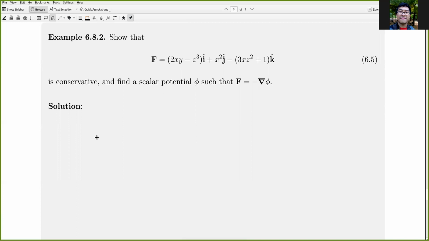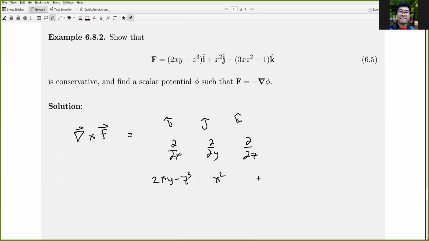So our first step is to take the curl, del cross f, equals the determinant with i, j, k; partial with respect to x, partial with respect to y, partial with respect to z; and the x component 2xy minus z cubed, y component x squared, z component negative 3xz squared minus 1.